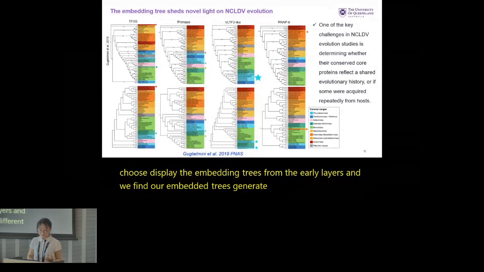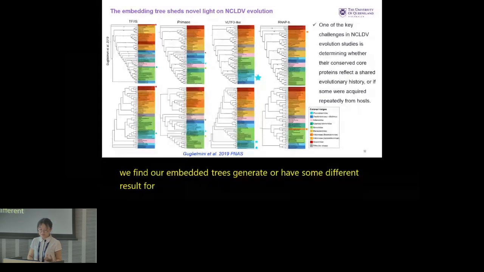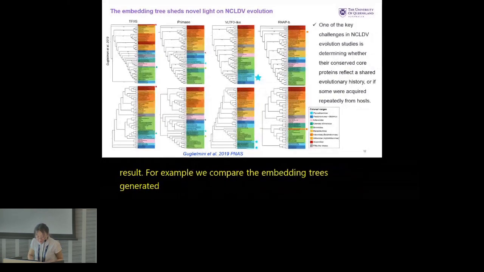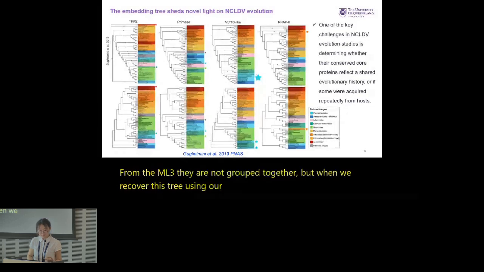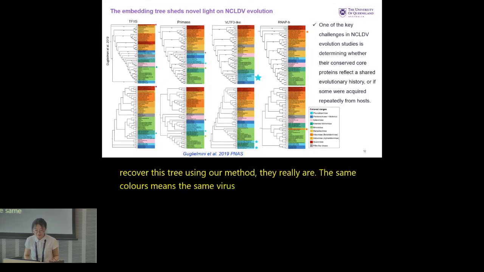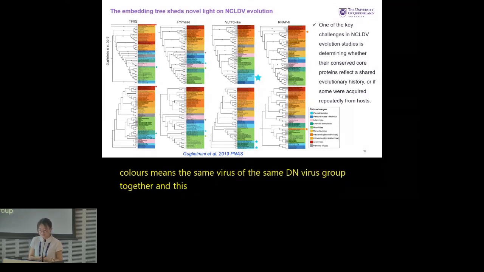For example, we compare the embedding trees generated from the TF... from the ML tree, they are not grouped together. But when we recover this tree using our method, the same colors mean the same DNA virus grouped together, and this meets the authors' expectations.